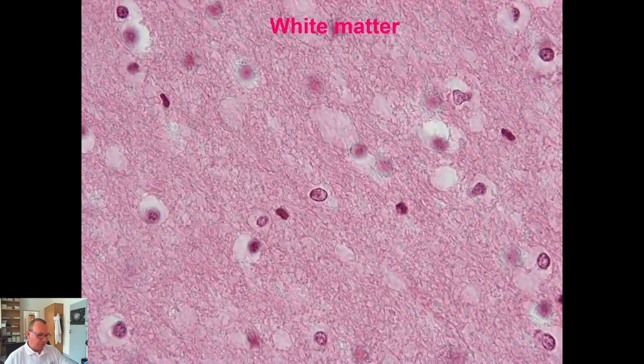White matter of the cerebrum isn't so regularly oriented as was the white matter in the spinal cord. You usually don't find parallelly organized axons, so there is irregular orientation of axons, and the nuclei which you can see belong to glial cells.